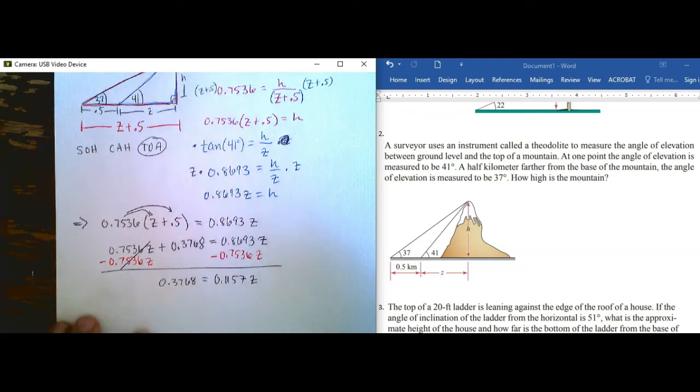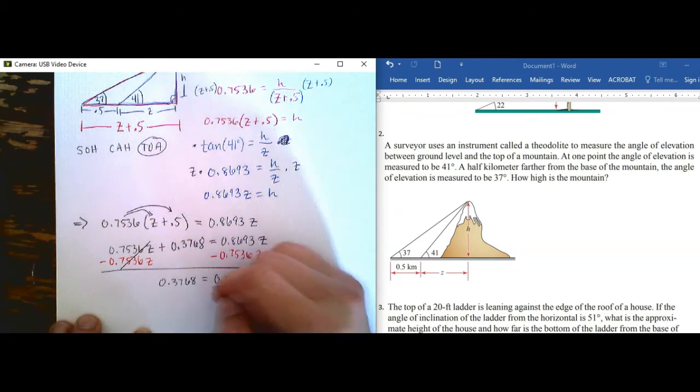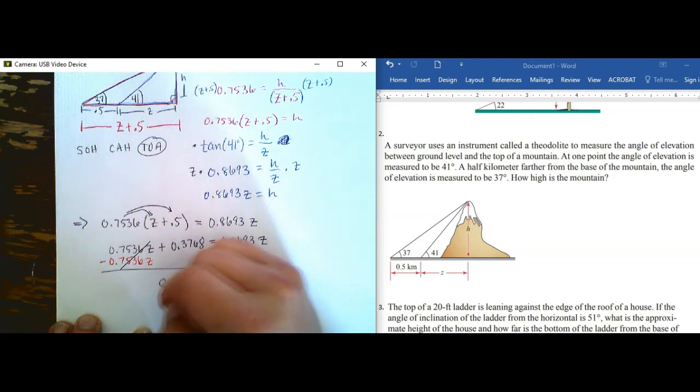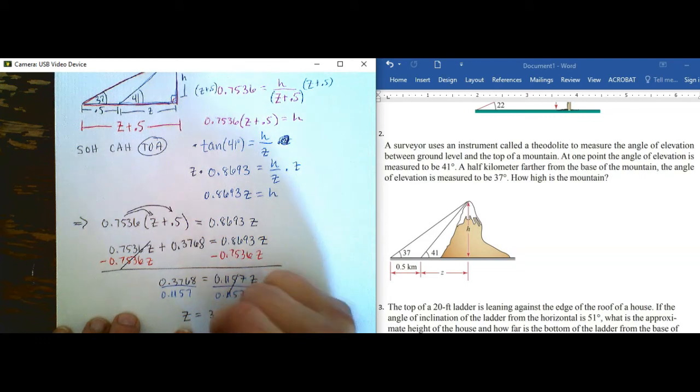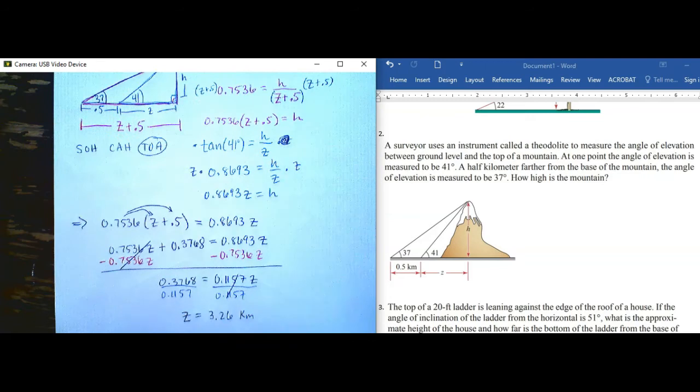And then divide by 0.1157. Cancel here. So z will equal 3.26 kilometers. Okay.